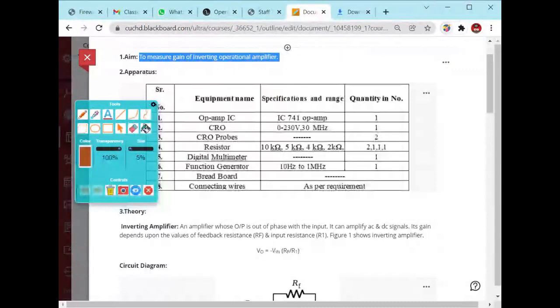As the name suggests, op-amp: op stands for operational, and amp stands for amplifier. Amplifier means you have to amplify the input signal, and operation means you have to perform some operations, like addition operations, and then there are subtraction operations.